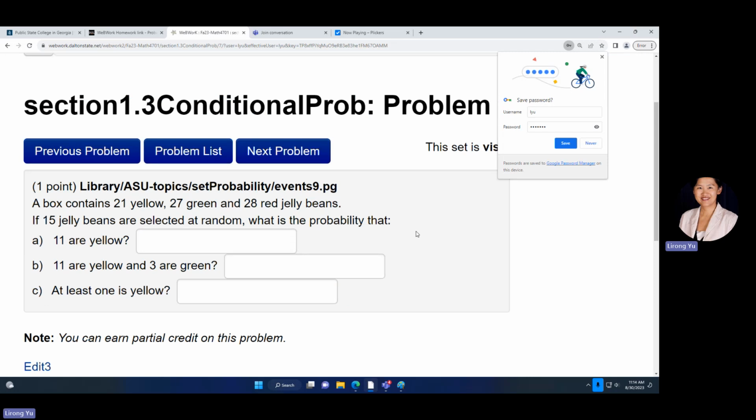A box has 21 yellow, 27 green, and 28 red jelly beans. If 15 jelly beans are selected at random, what is the probability that 11 are yellow? Okay.